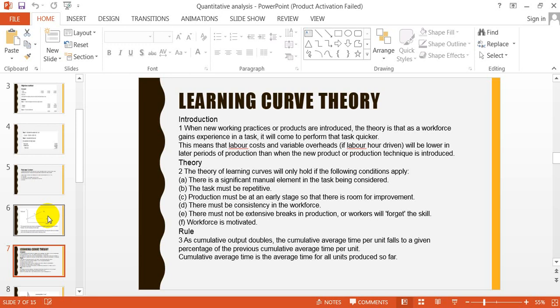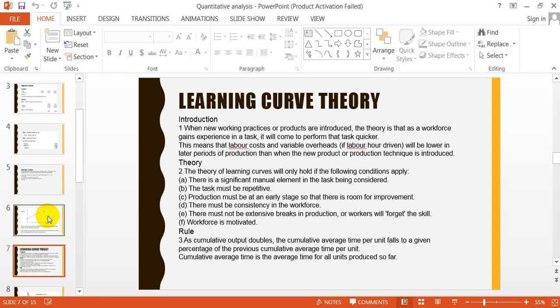This theory is that when new work practices or products are introduced, a workforce gains experience in a particular task. As they gain experience, there will come a point when they will start performing that task much quicker, because they are now familiar with the task, they've learned how to do it.